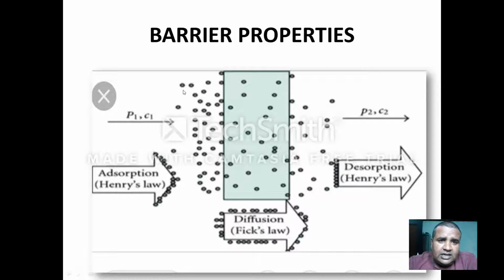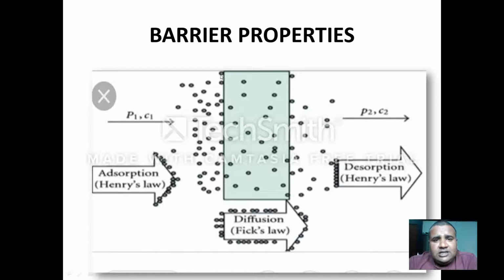First of all, the gas will adsorb on the surface, and this is known as dissolution, or it is explained by Henry's law. Henry's law says if the pressure of the gas is high, then there will be a solubility of the gas, or there will be adsorption of the gas at the surface.